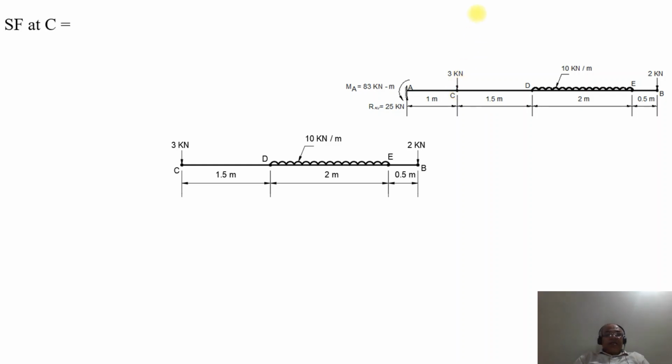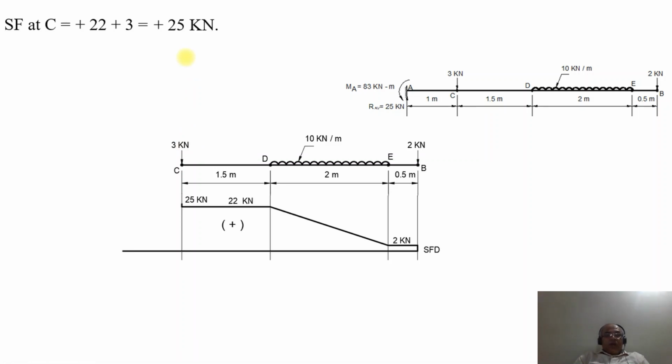Once you are considering that, what will be the SF at the point C now? SF at the point C will be equal to SF at the point D, which is 22, as the load is acting downwards, 22 plus 3, it becomes 25 kilonewton. So from 22 kilonewton, it rises to 25 kilonewton due to the point load at the point C, which is equal to 3 kilonewton.